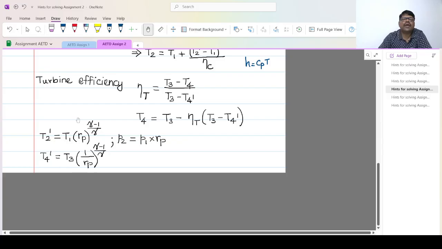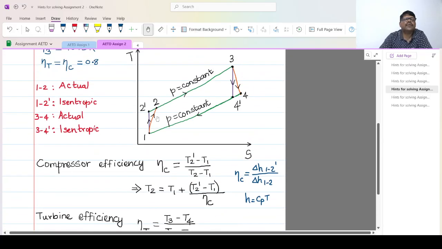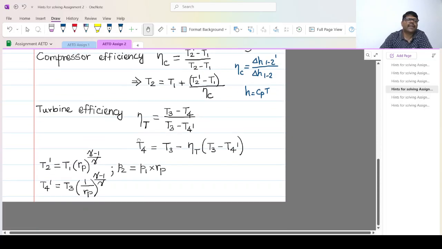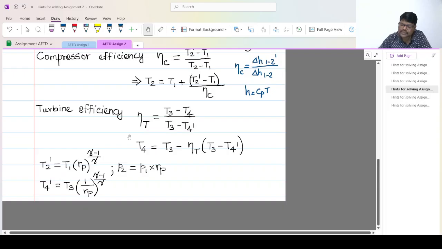We have seen the TS diagram. I have shown the isentropic process 1 to 2 dash, and similarly the isentropic process 3 to 4 dash. For any isentropic process, I can relate the temperature ratio and pressure ratio like here.